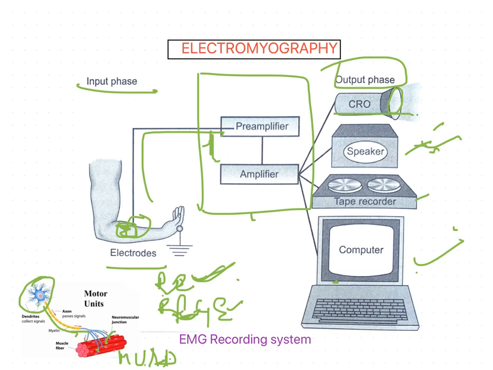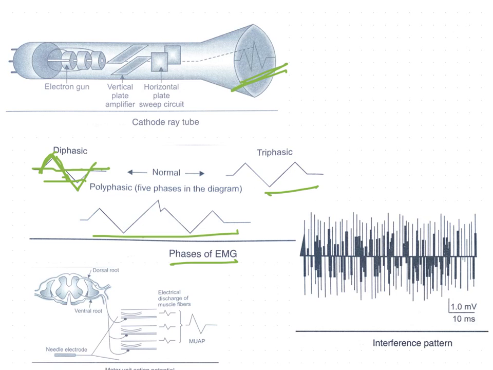Once this motor unit action potential, which represents the electrical activity derived from muscle fibers of a motor unit, is produced, it can appear in this way. Here you can find the waveforms. This may be a biphasic form.